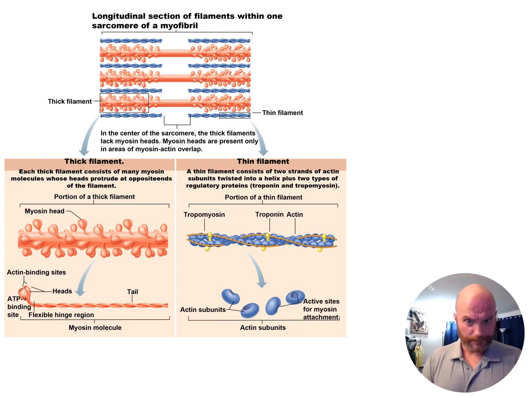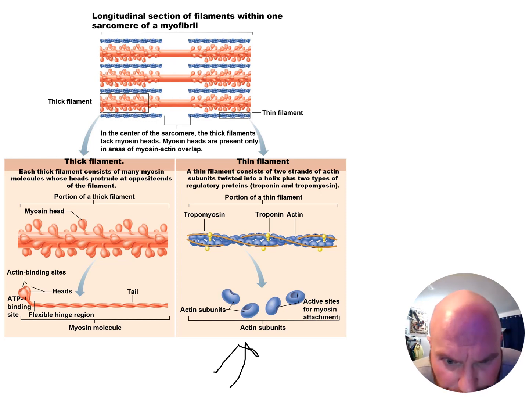Let's take a look up close at the thin filament and the troponin and tropomyosin that we were talking about in the previous slide. I'd like to draw your attention to this bottom right graphic.